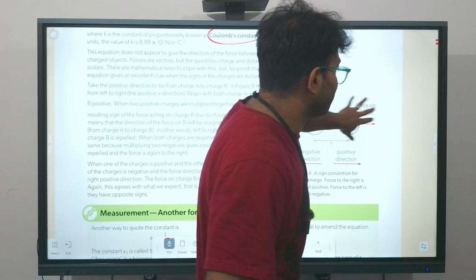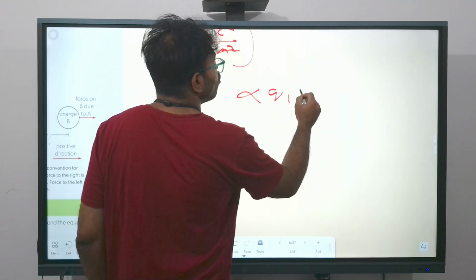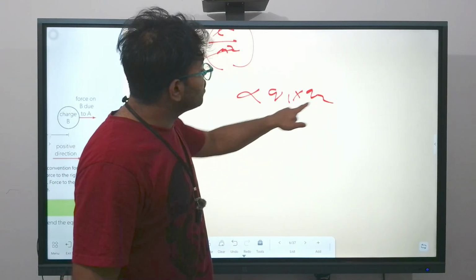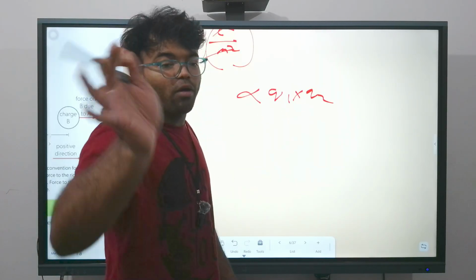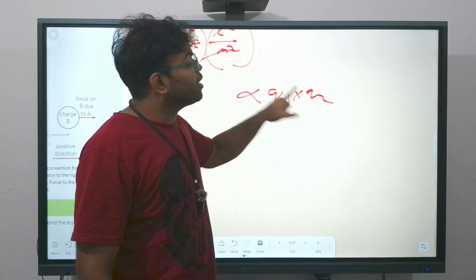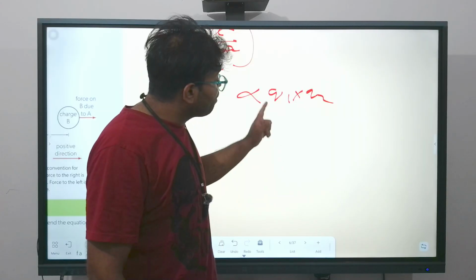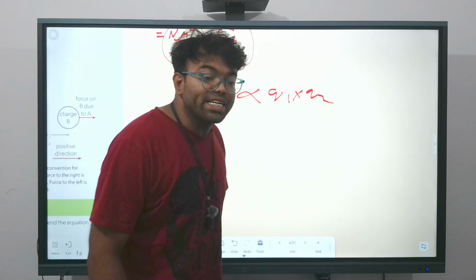You didn't understand? Okay, let me show you. We know that force is directly proportional to Q1 multiplied by Q2. If both the charges are positive, positive multiplied by positive will give you a positive force. Negative multiplied by negative will again give you a positive force. But positive multiplied by negative gives you a negative force.